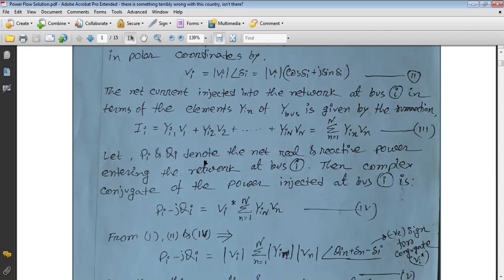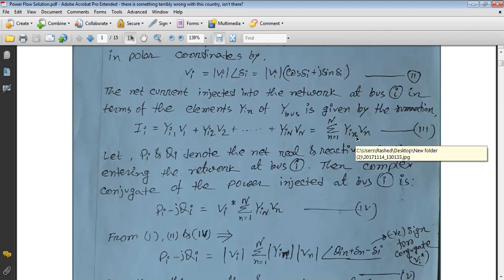So the current injected from bus 2 is I2 equals the summation with small n starting from 1. So we start our calculation from 1. Capital Y I N, with I equal to 2 because we calculate the current injected from bus 2, so Y21 because small n starts from 1.